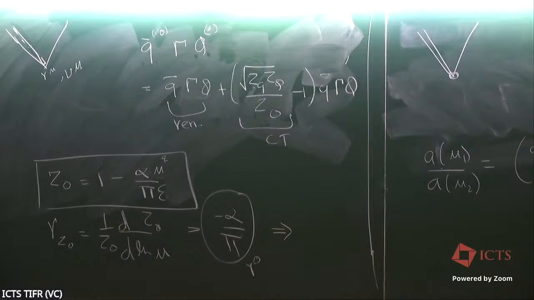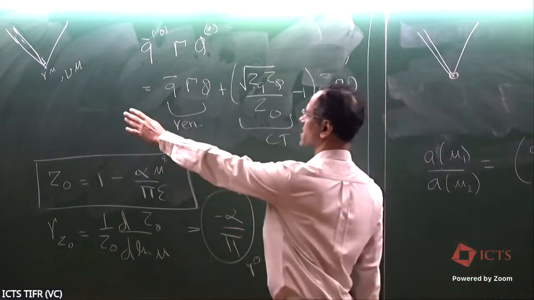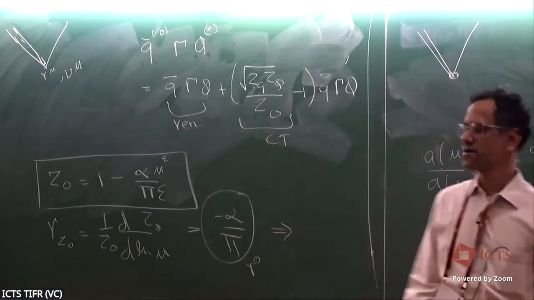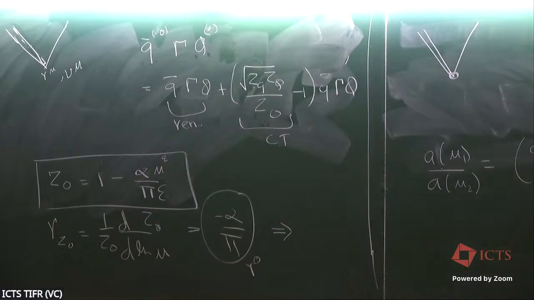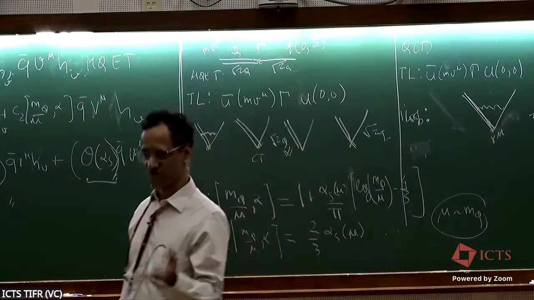Good. They can't mix because they have different symmetries, but there is one thing. For the vector and the axial, there's a relation. It turns out that for the axial, C2 is just the same quantity with a minus sign, and C1 is, so there are relations, but they don't mix.